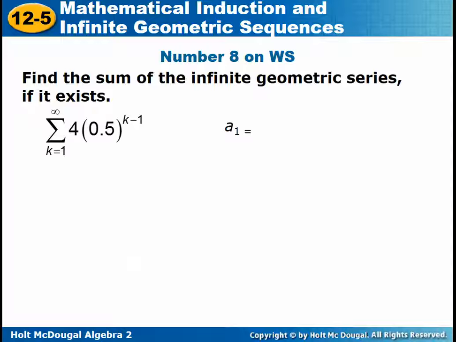Here's an example from your worksheet. You first have to find a sub 1. So we need to plug in k equals 1 by putting 1 up here. So that would be 4 times 0.5 to the 1 minus 1, which is 0. Anything to the 0 power is 1, so we would have 4 times 1, or 4.